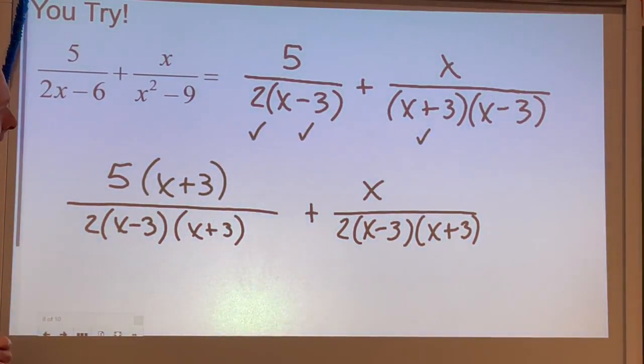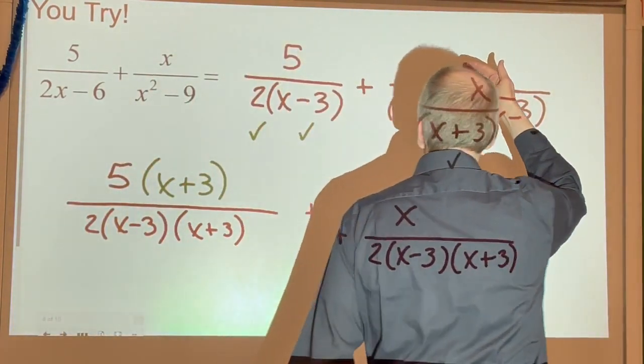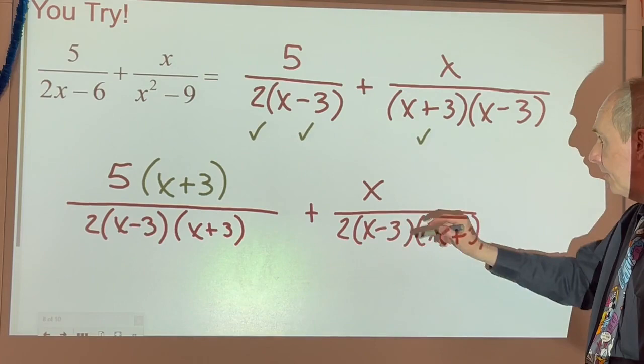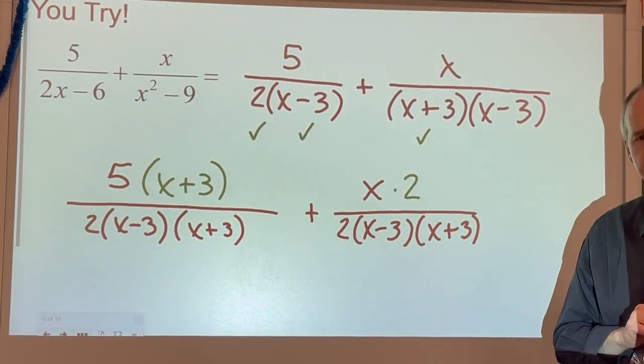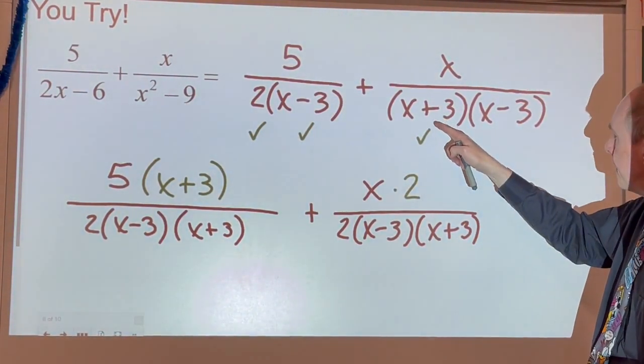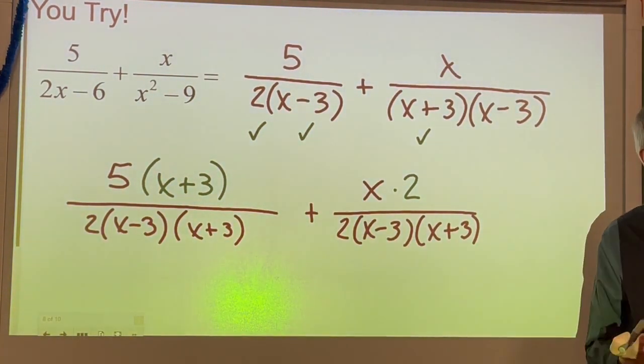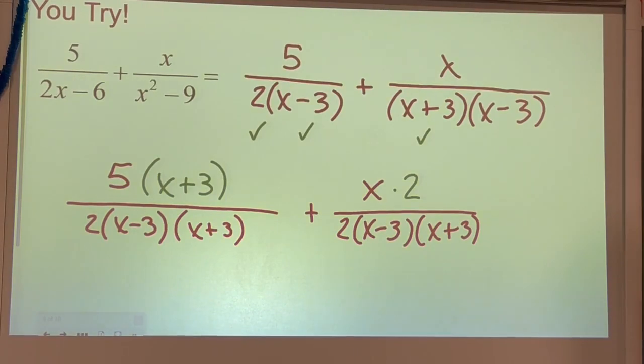I'm multiplying the bottom by x plus 3. I have to multiply the top by x plus 3. Let's look at our second fraction. We already had the x, didn't have the 2, so I need the 2. That's new. I had the x plus 3 and the x minus 3. So the only thing new for this one is the 2. Everything else was there.